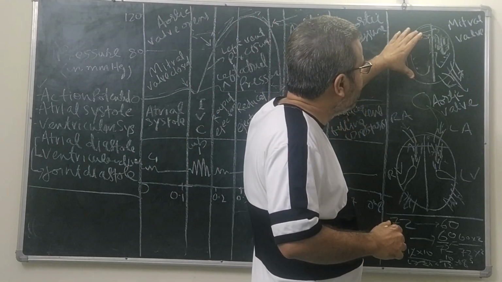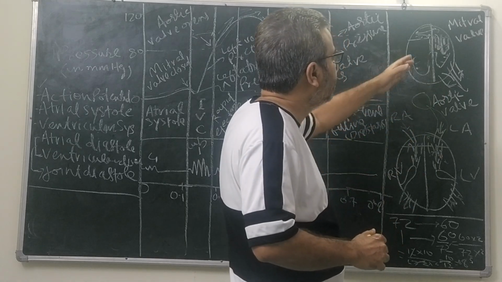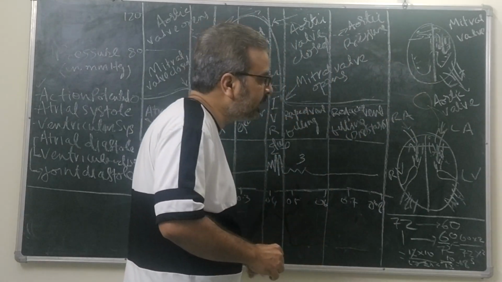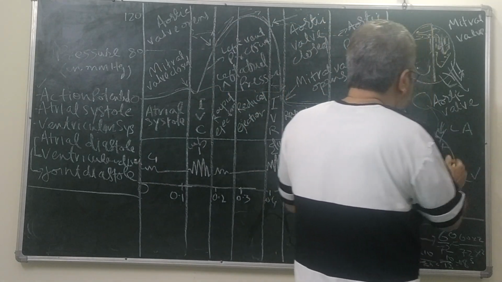These were the nodal musculature cells, SA node, AV node, down to the Purkinje fibers.